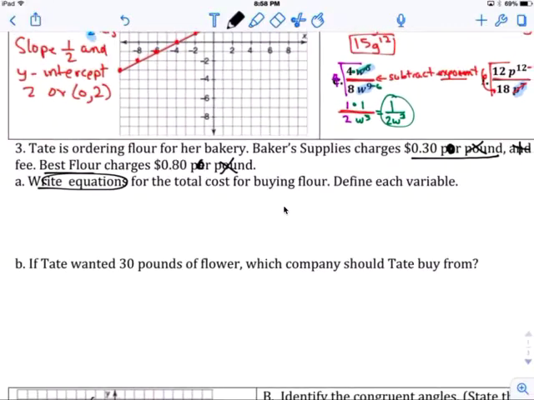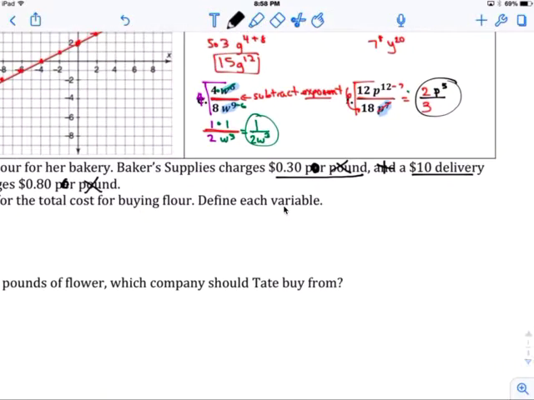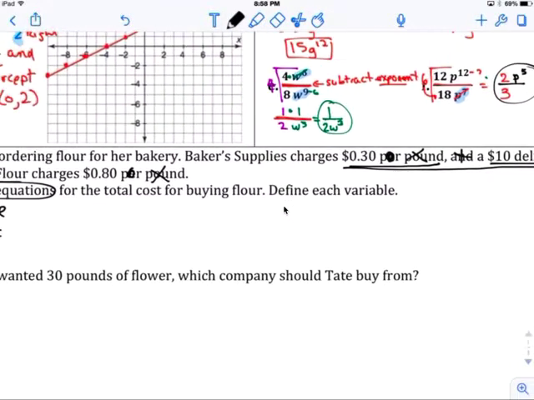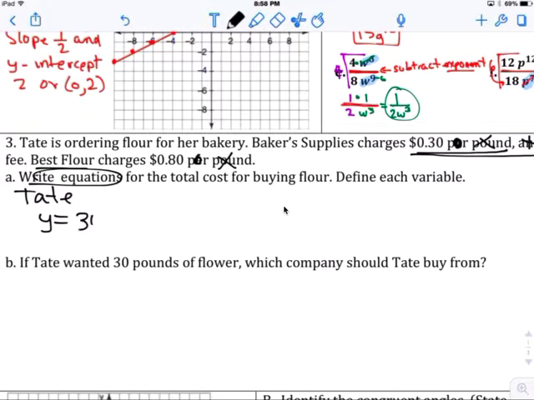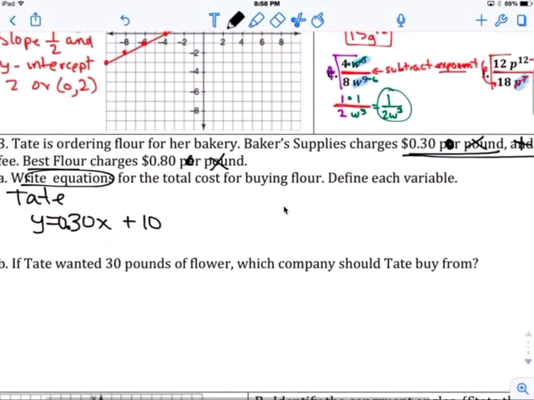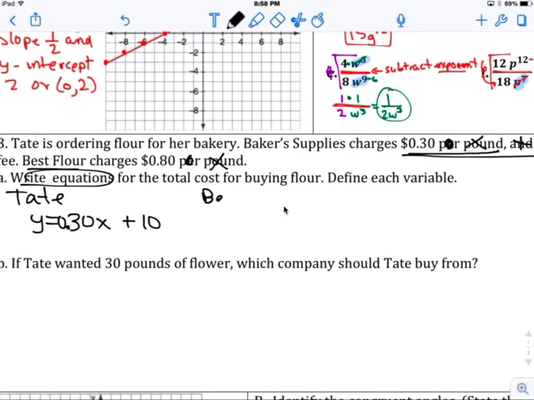Okay, let's start with Baker's. The equation is y equals 30 cents per pound plus a $10 delivery fee. Best Flour charges 80 cents per pound.